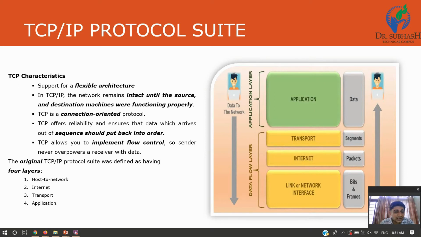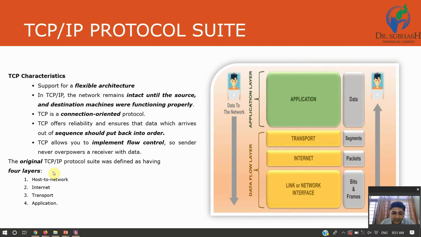TCP offers reliability and ensures that data which arrives out of sequence is put back into order. TCP/IP will rearrange your data in a proper sequence as well as proper flow.